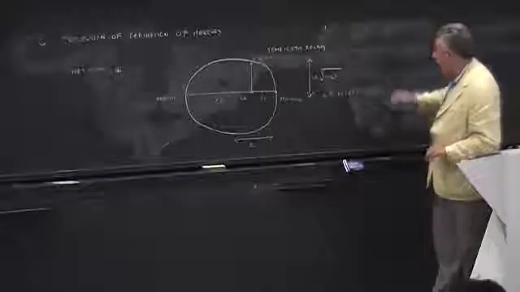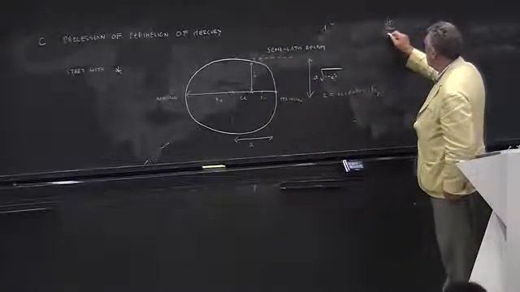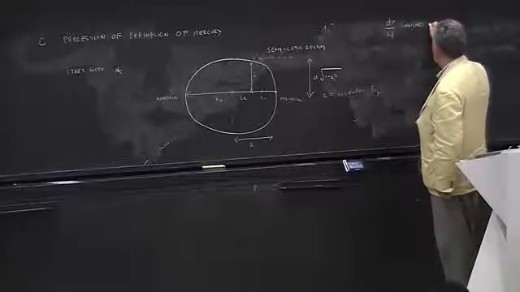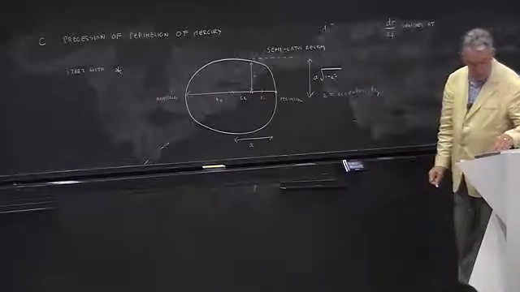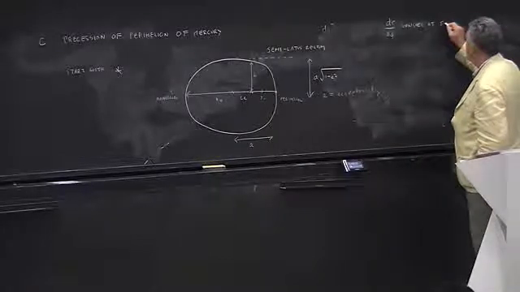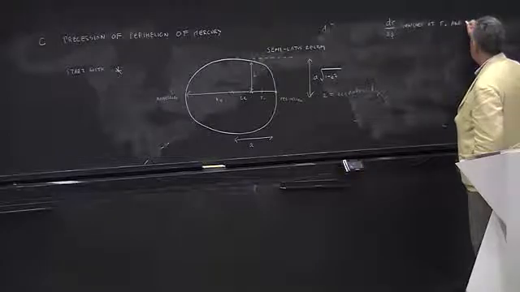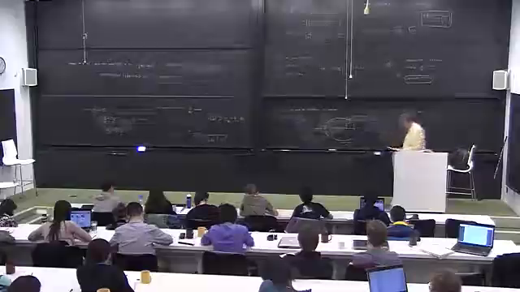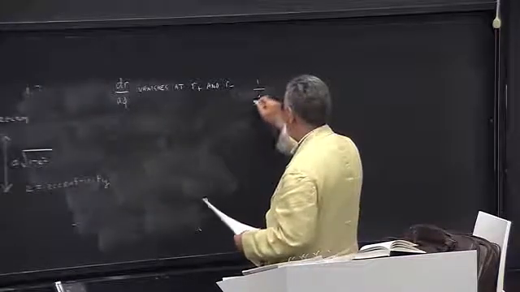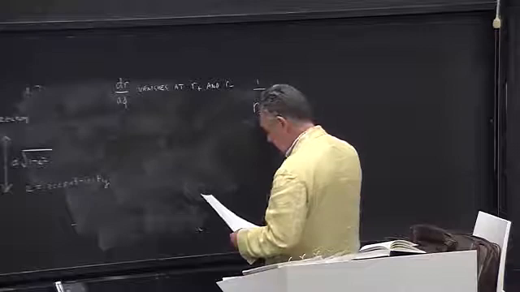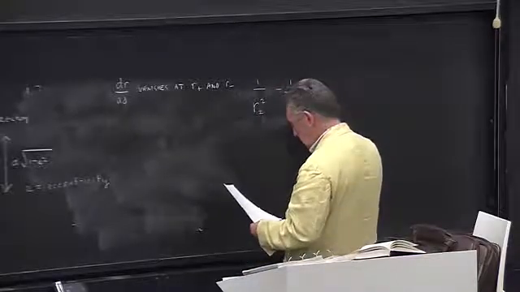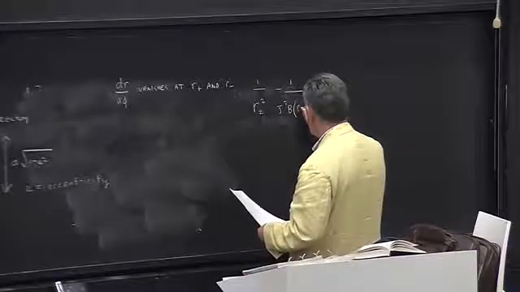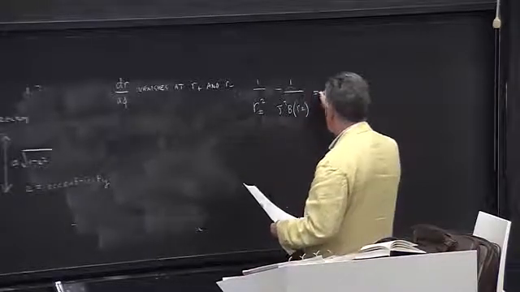So dr d phi vanishes at r minus and r plus. So we have that 1 over r plus minus squared minus 1 over j squared b of r plus minus is minus e over j squared.